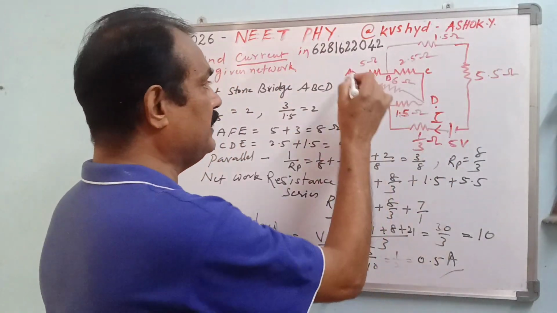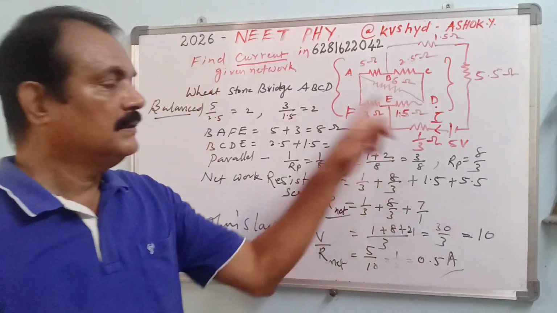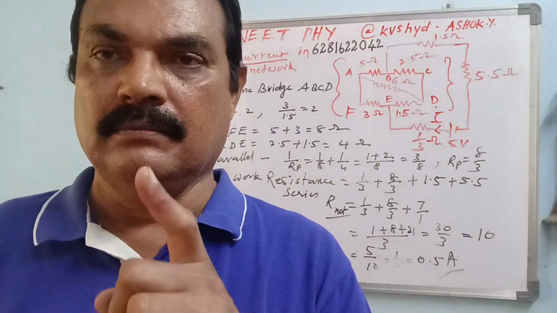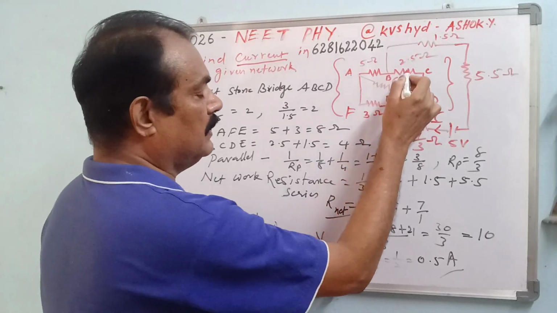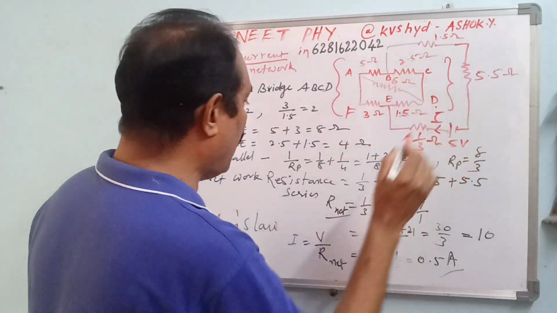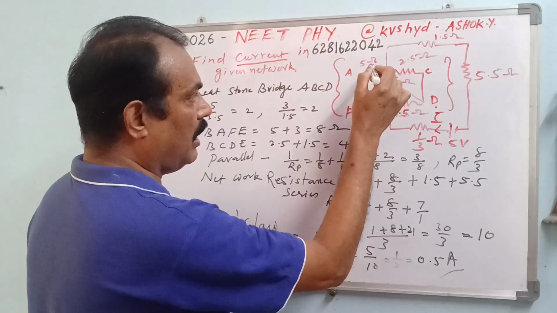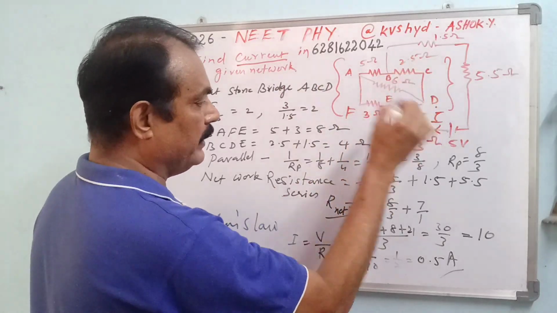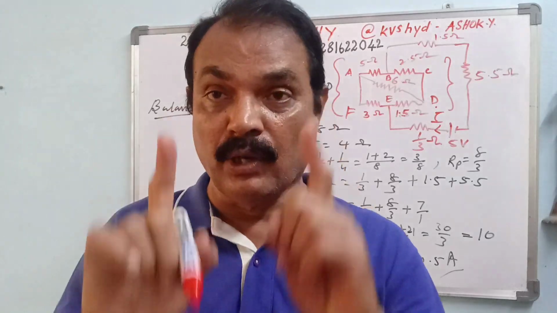First of all, when you see this portion, it looks like a Wheatstone bridge. So what should be the ratio? P by Q equal to R by S.